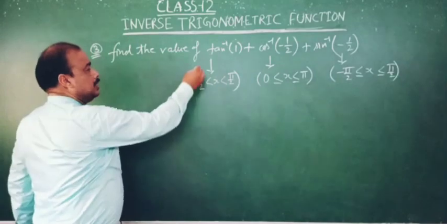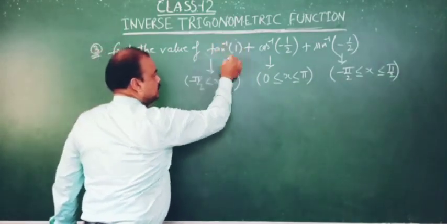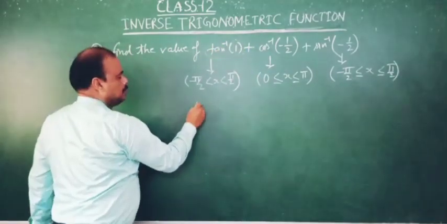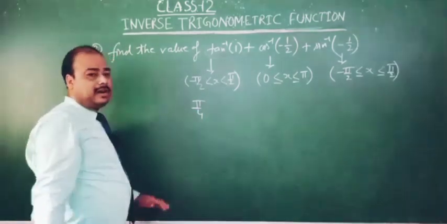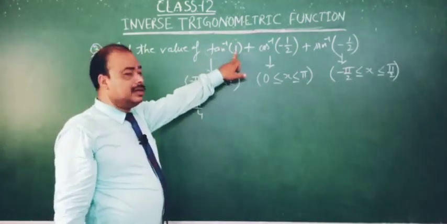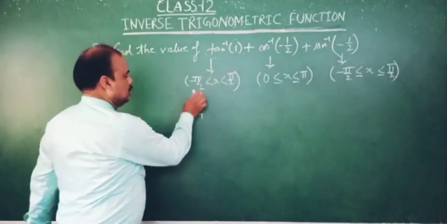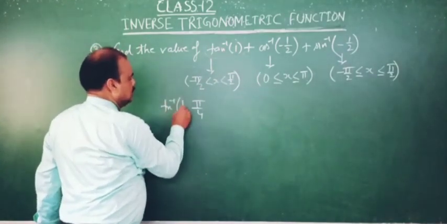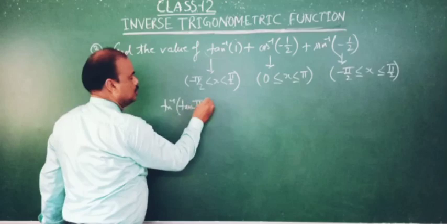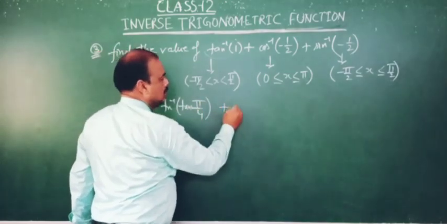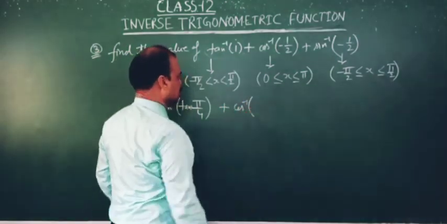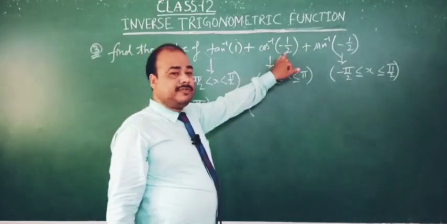So tan inverse 1 means pi by 4. The value of tan inverse 1: 1 is the value of tan pi by 4. Tan inverse tan pi by 4 plus cos inverse negative half.